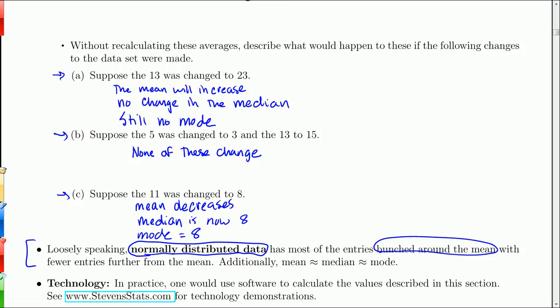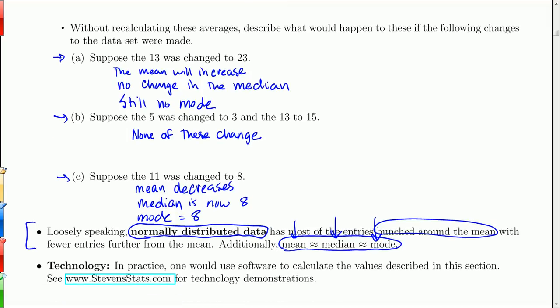You get a lot of data values near the mean, with fewer entries farther away from the mean. And specifically, the mean, the median, and the mode will all be about the same. So the data will be pretty much centered, because the median gives you the center. It will be centered on the mean, and that will also be the most frequently occurring value. So that, for now, is what we mean by a normally distributed data set.